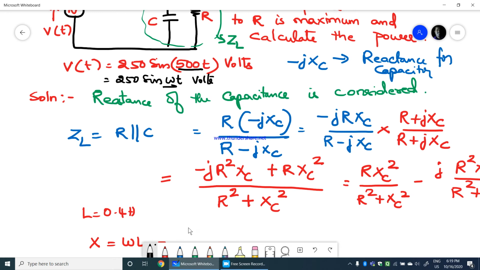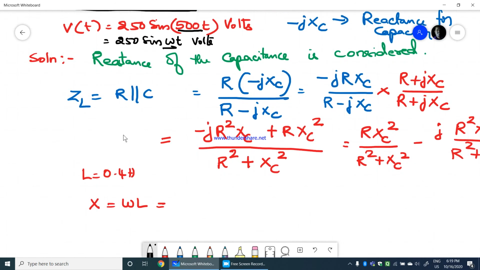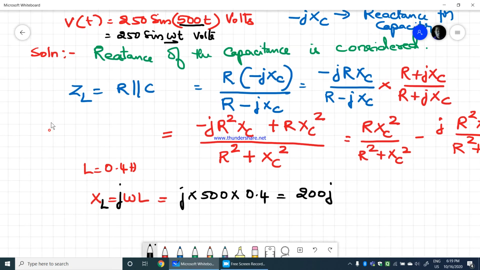Therefore I will say J into omega into L, so J into 500 into 0.4, which gives 200 times J. That is what we take as XL, the reactance of the inductance.